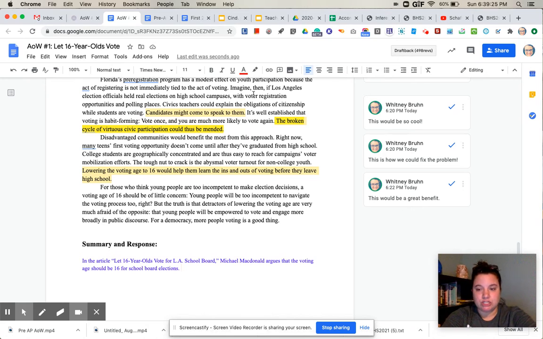I'm going to say he, because I'm referring to Michael McDonald, the author, okay, he believes that, and then I'm going to put my quote in. Lowering the voting age to 16 would help them learn the ins and outs of voting before they leave.